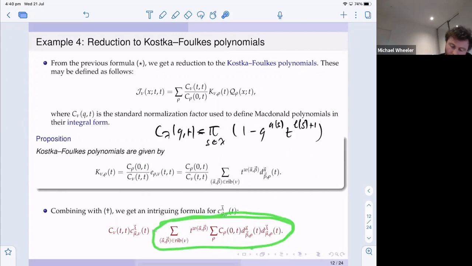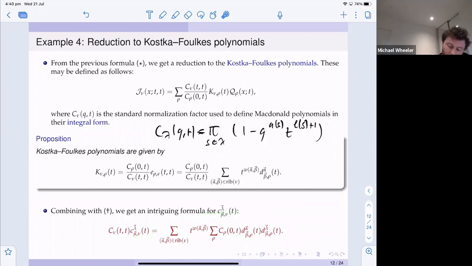So I think this is quite an intriguing formula, again for these coefficients that are very topical. It's purely in terms of those D coefficients, which is very nice. And it has the flavor of a Cauchy identity, actually, because you're summing over all partitions rho, and it's the same partition showing up here and here, and there is some normalization factor, and that's very standard in Cauchy identities as well.